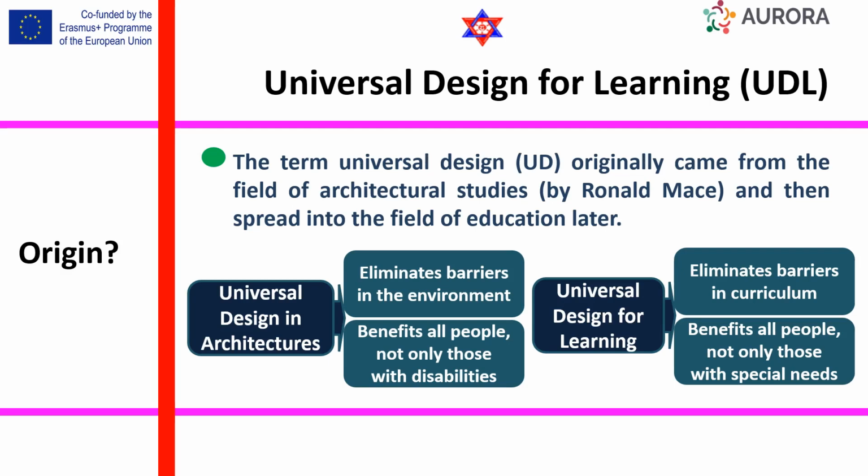Architect Ronald Mace coined the term universal design in 1980 to describe the design of products and environments that are accessible and usable by as many people as possible, including those with disabilities. This design laid a groundwork for the application of universal design principles in education.